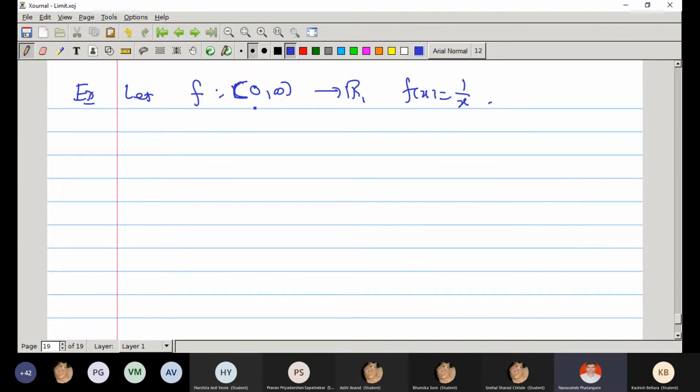So this function is not defined at 0 for some reason, or we cannot define it, so that we'll see later on. But anyway, if c is equal to 2, prove that the limit as x tends to 2 of f of x is equal to 1 by 2.